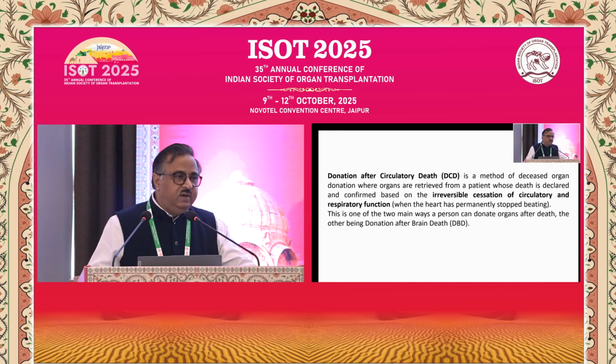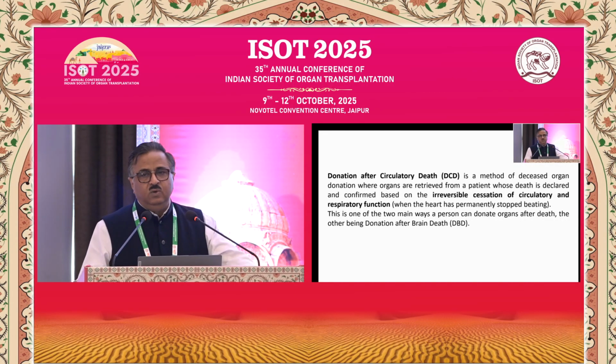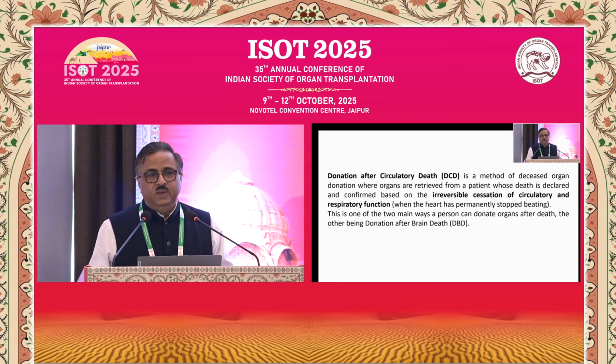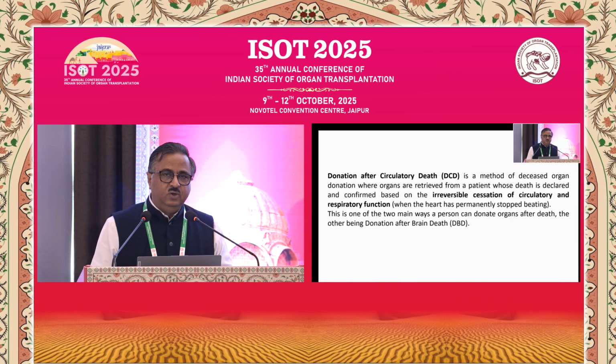The criterion for death is complete circulatory arrest, which is not reviving with whatever measures we are taking. That is why we call it circulatory arrest, and then we call it complete circulatory death, and that is why we call it DCD, donation after circulatory death.